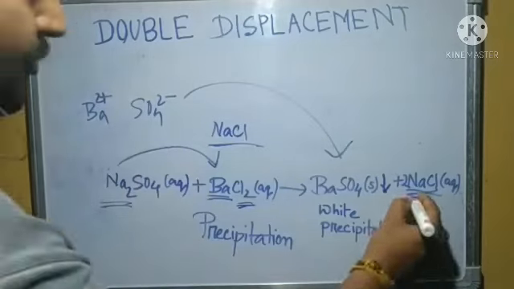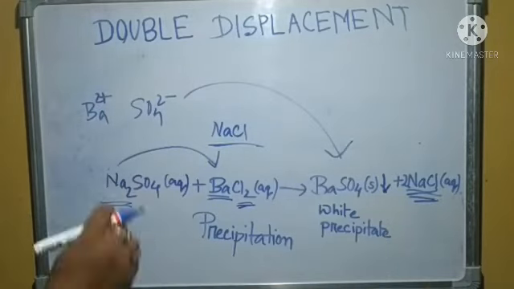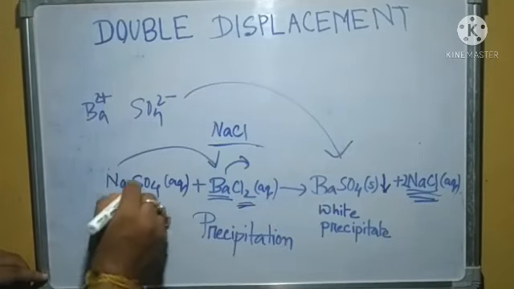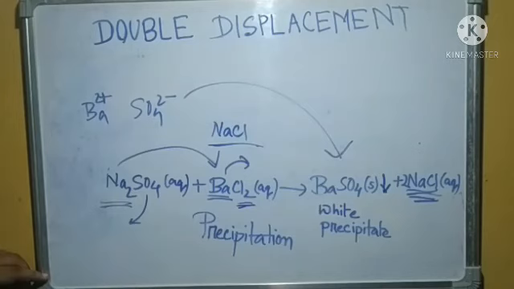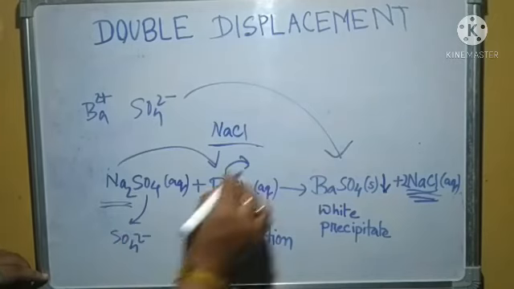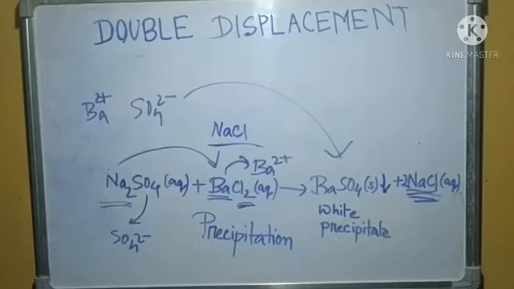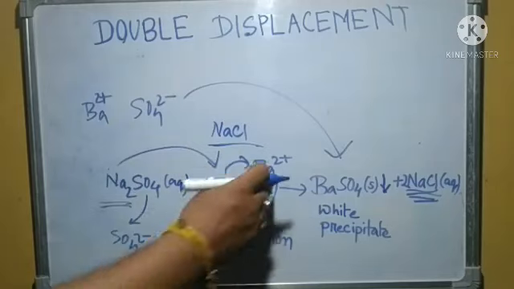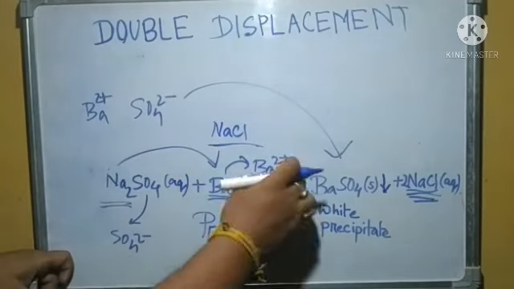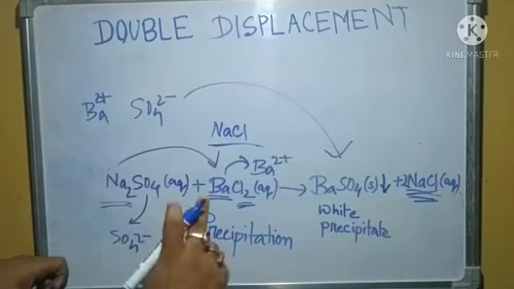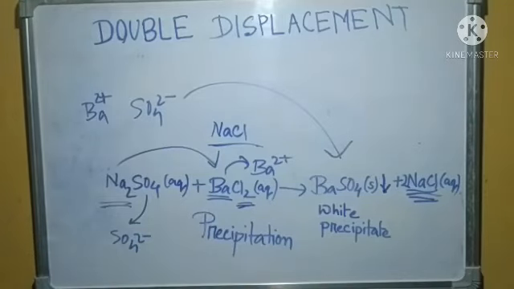Barium will come out, and from sodium sulfate we get SO4 2 minus. Here we get Ba2 plus ions. What will these two ions do? Because barium is alone and sulfate is also alone, they come together and form a different compound, barium sulfate.